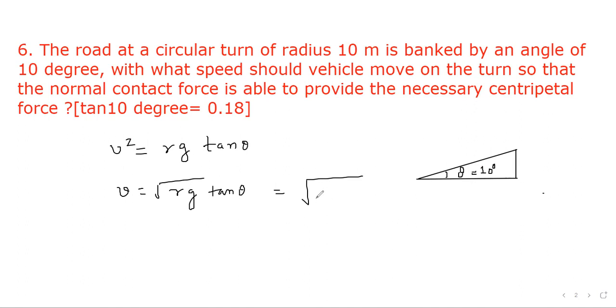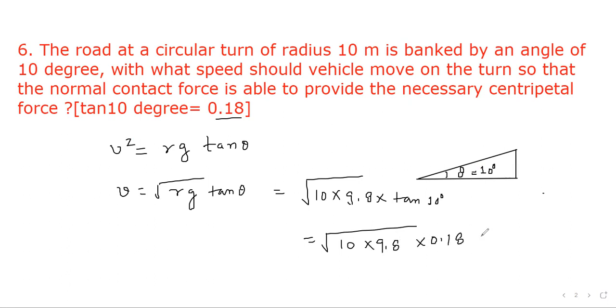The radius is 10, g is 9.8 times tan 10 degree. It is given that tan 10 degree is 0.18. So 10 into 9.8 into 0.18. On evaluation, it will be 4.2 meter per second.